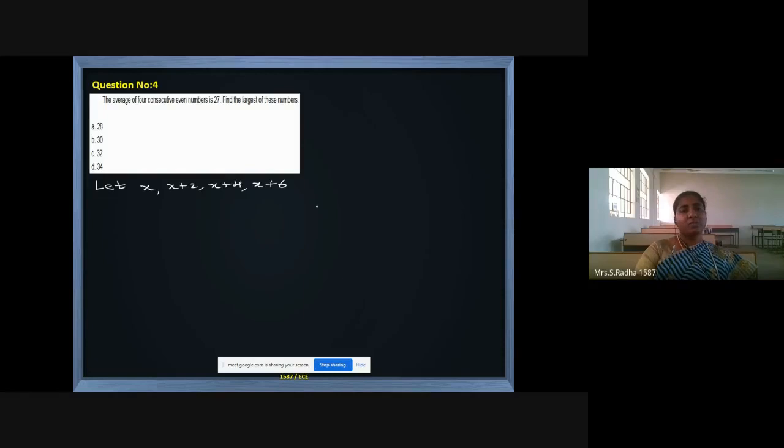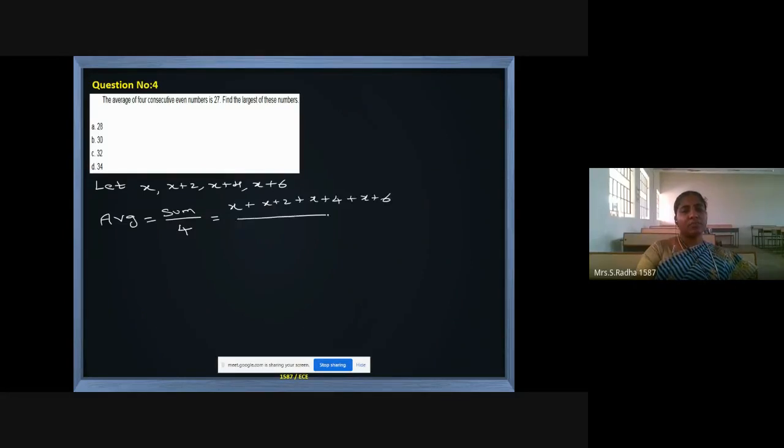The average of the 4 numbers is 27, which is the sum of the quantities divided by the number of quantities. We are adding 4 numbers: x, x plus 2, x plus 4, x plus 6.